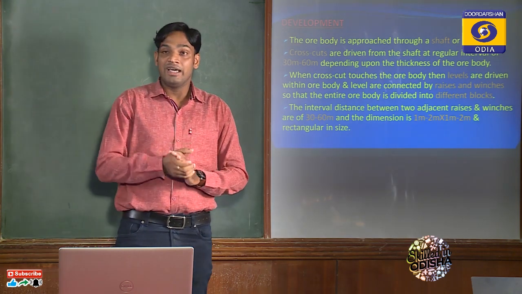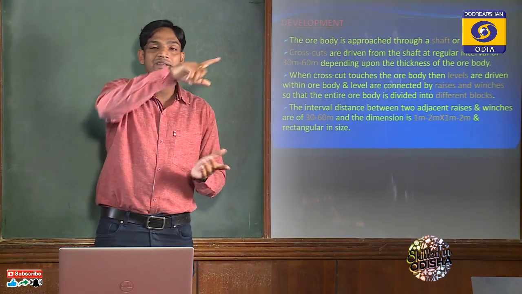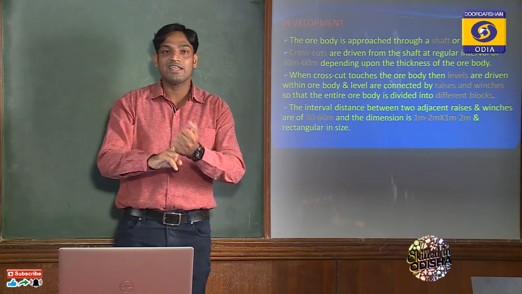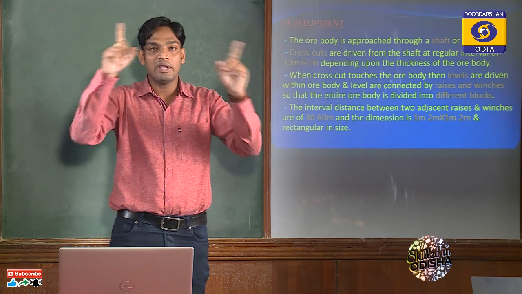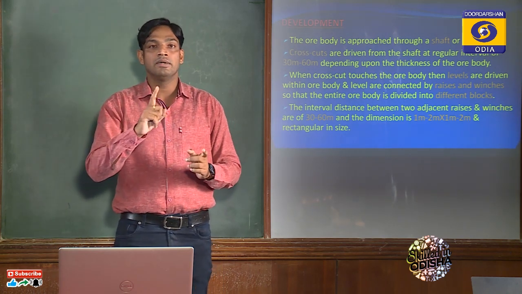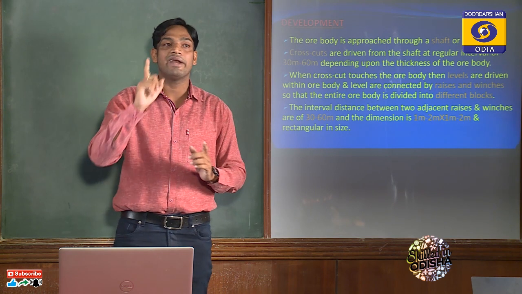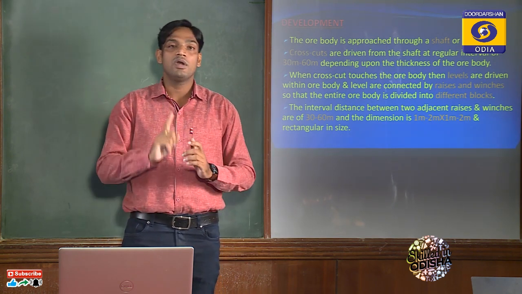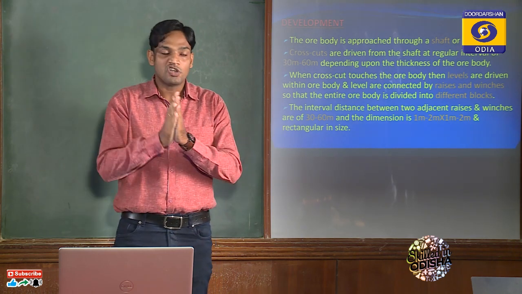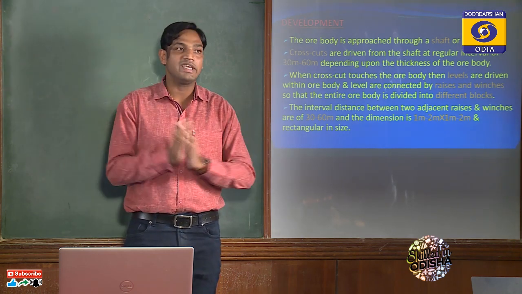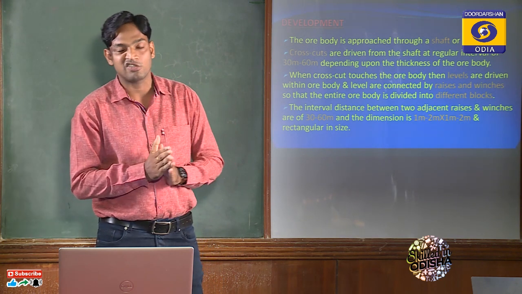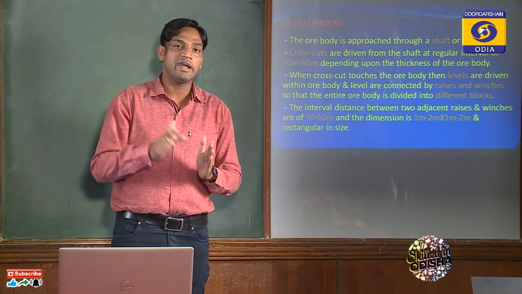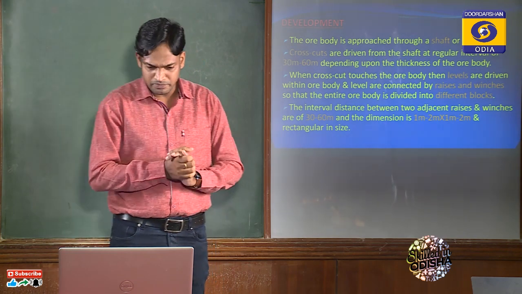winzes. So at first we have divided the whole block horizontally by driving the levels, and in second case we have divided the whole ore block vertically, by driving raises. The raises and winzes connect the lower main level to upper main level, such that the entire ore body is divided into different blocks. Now we can start working from these individual blocks.